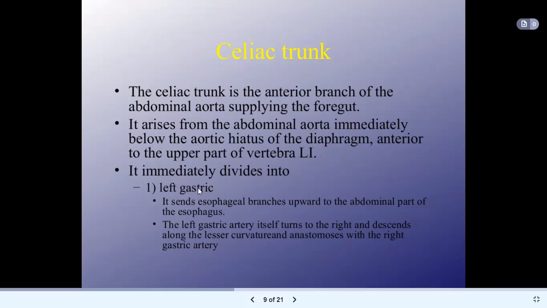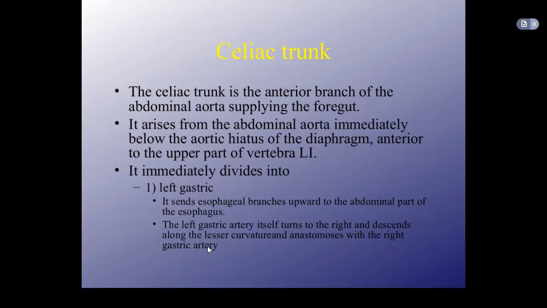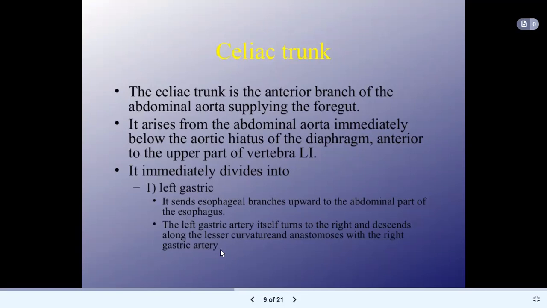It sends esophageal branches upward to the abdominal part of the esophagus. And then the left gastric artery itself turns to the right and descends along the lesser curvature, and there it anastomoses with the right gastric artery. This we already discussed in the previous lecture, that the left gastric artery anastomoses with the right gastric artery and supplies the lesser curvature of the stomach.